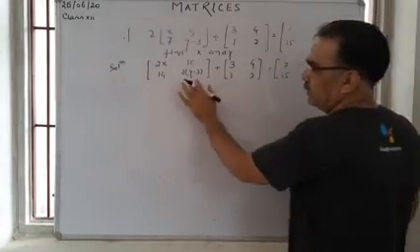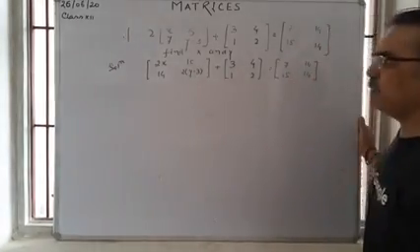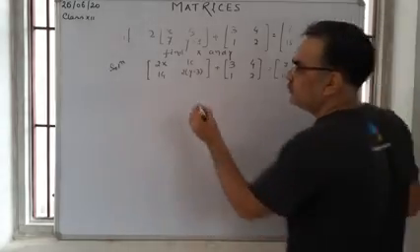Now this and this matrix are of the same order, then we will add both of them.